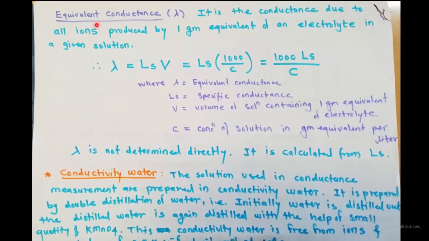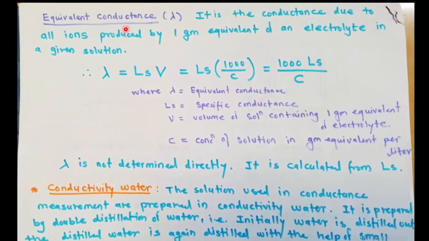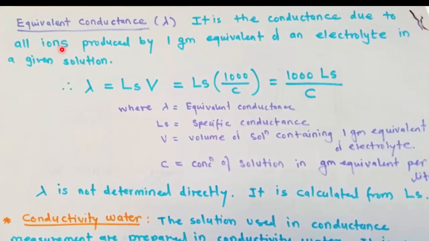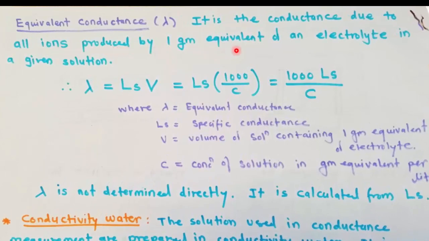Now the concept, equivalent conductance. Equivalent conductance is nothing but the conductance due to all ions produced by 1 gram equivalent of an electrolyte in a given solution.